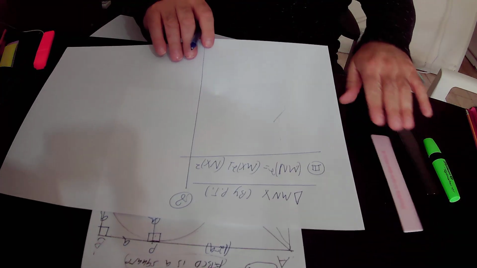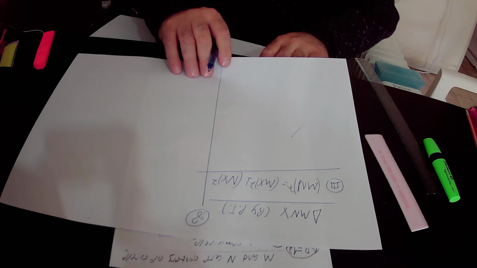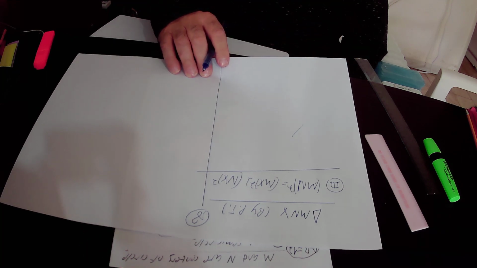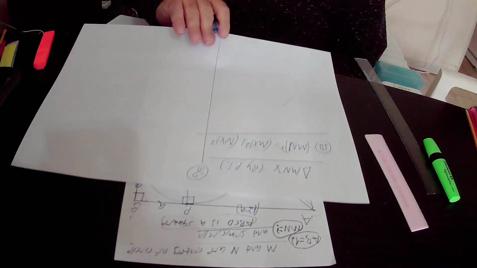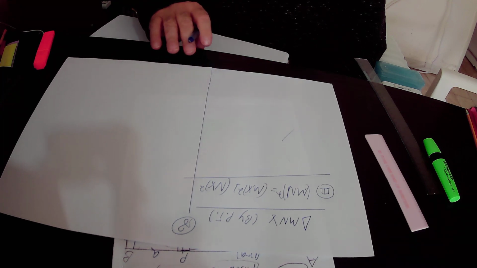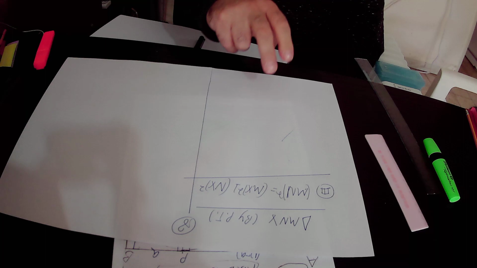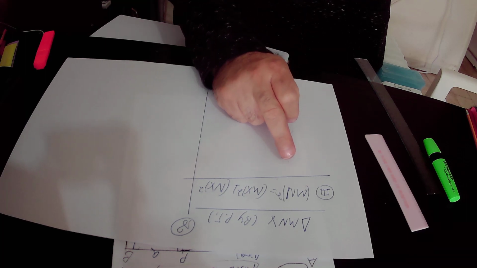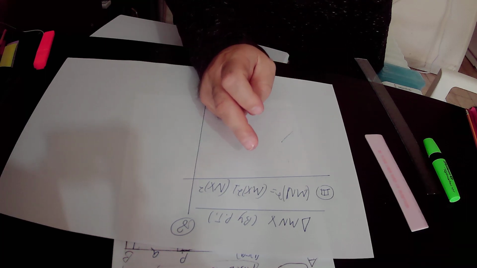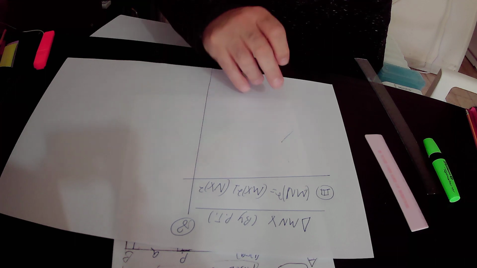I'll repeat again. In the right orange triangle MNX, Mn squared must be equal to Mx squared plus Nx squared.